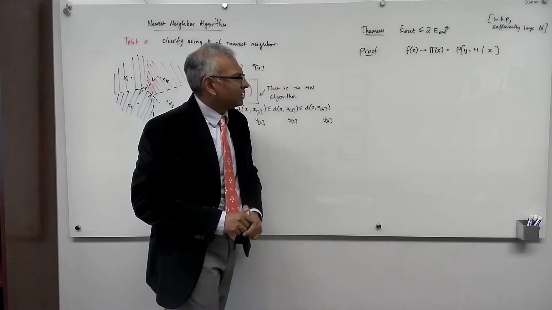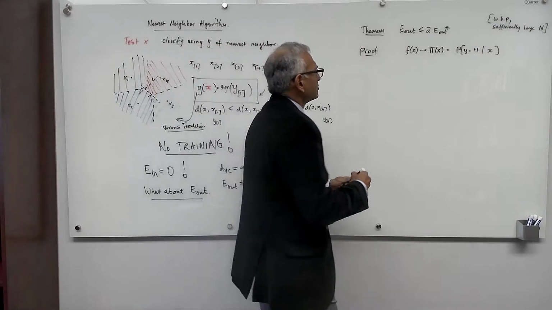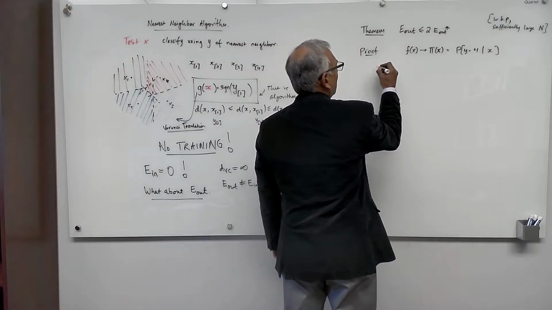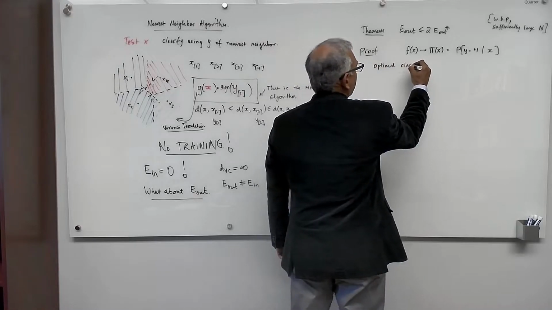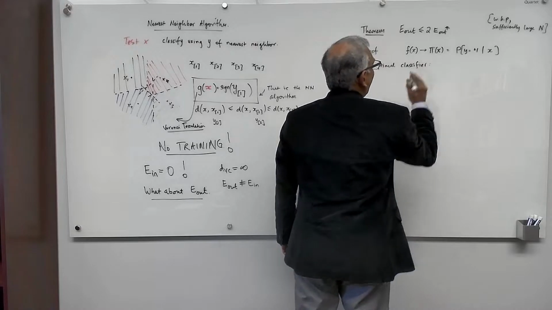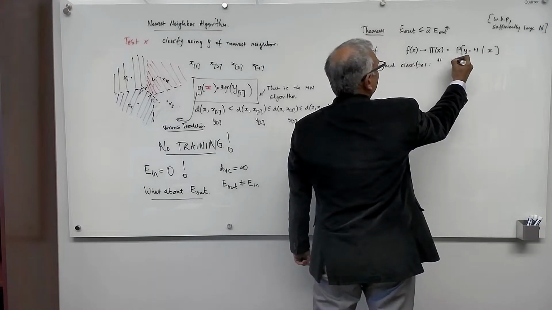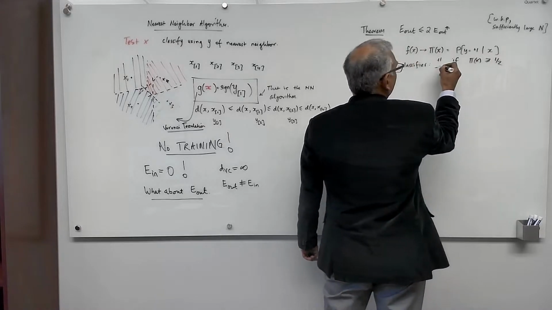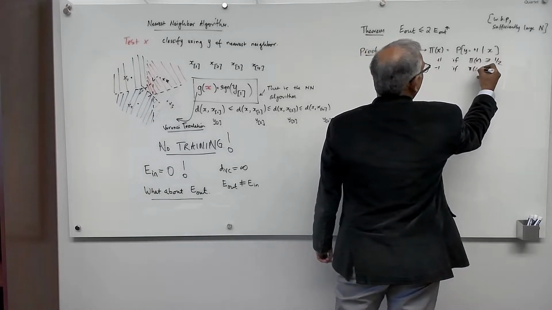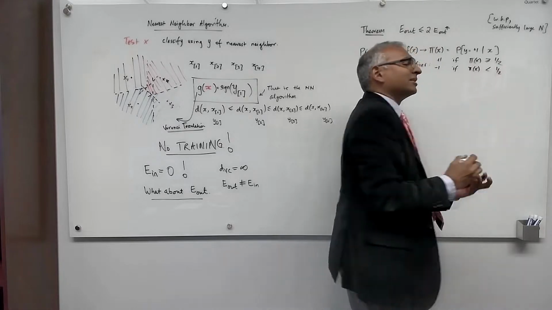And if we wanted to build the optimal classifier, the optimal classifier is to say +1 if pi of x is greater or equal to 1/2, and -1 if pi of x is less than 1/2. So why is that optimal?